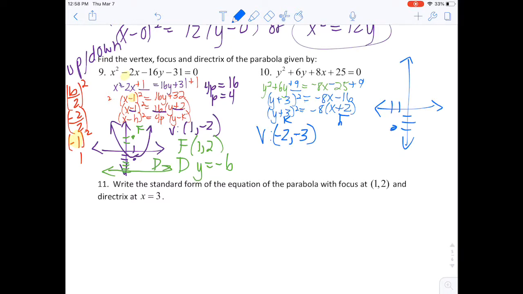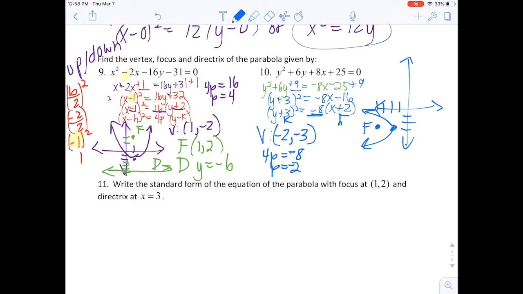Put that on your sketch, opening up to the left. 4p is negative 8. So p is negative 2.